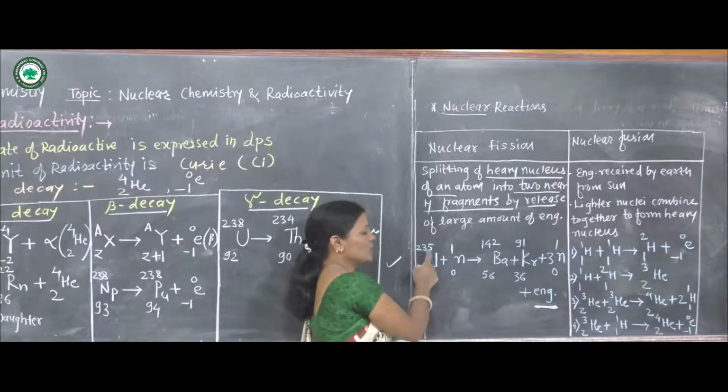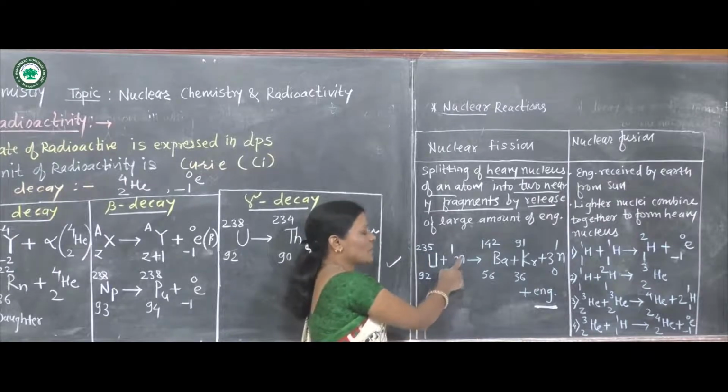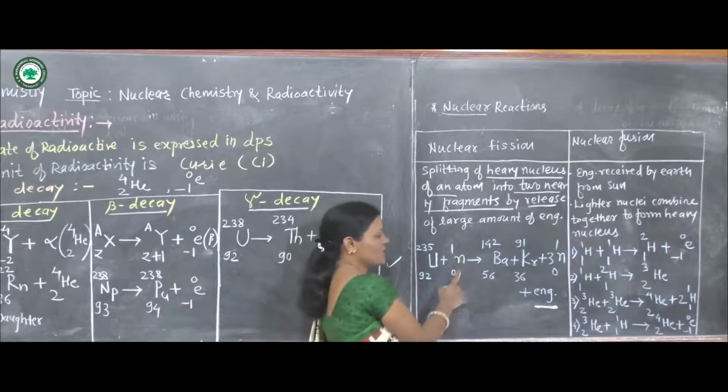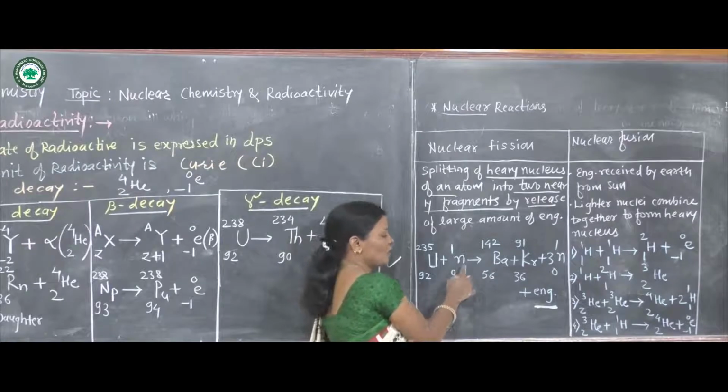Let us see what happens here. On the uranium 92-235 nucleus, bombarding of one neutron takes place. The neutron is indicated by the symbol 0 and 1.